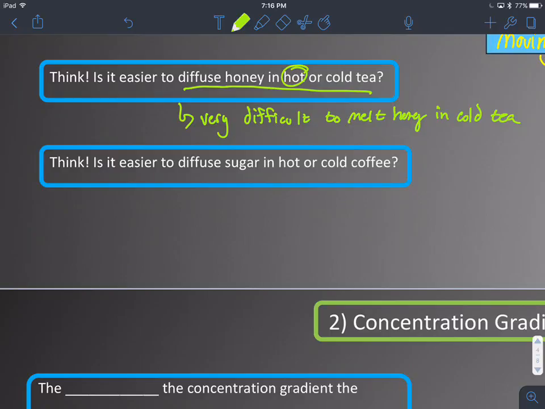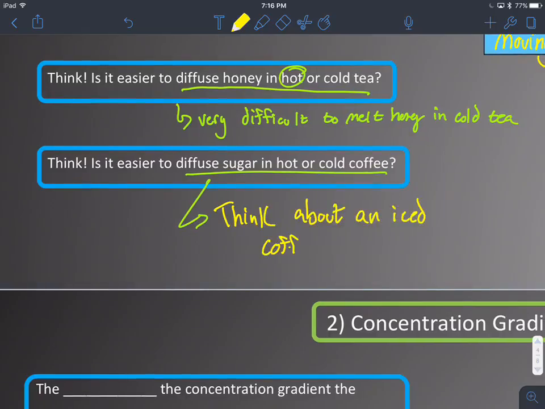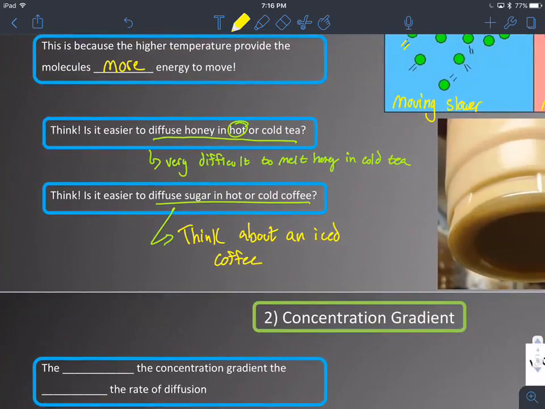Is it easier to diffuse sugar in hot or cold coffee? And again, I want you to think about real life examples. And I think we talked about this briefly in the lecture capture yesterday.